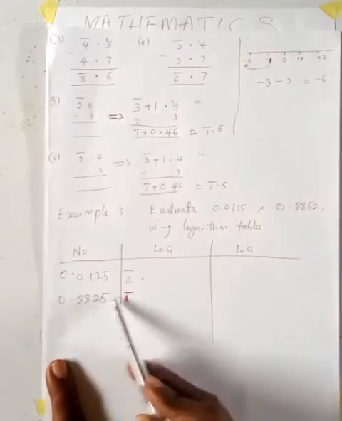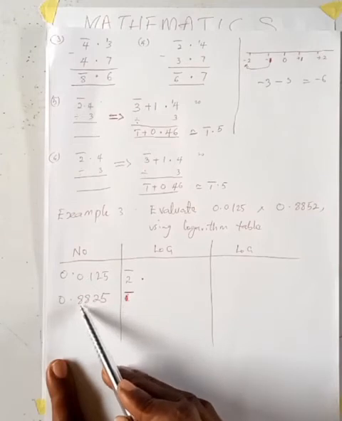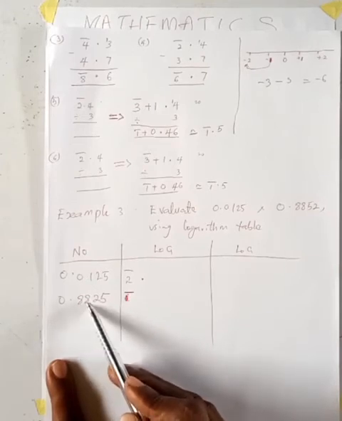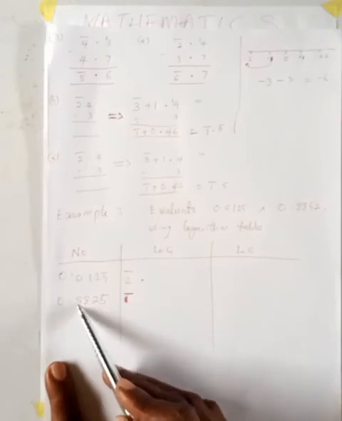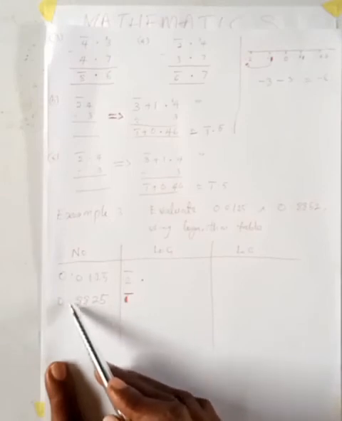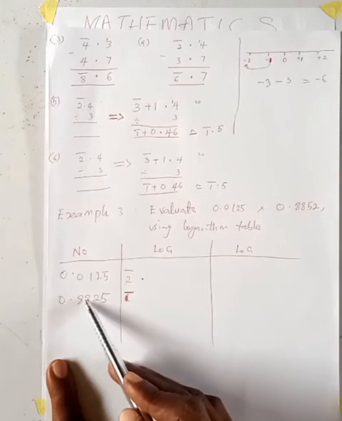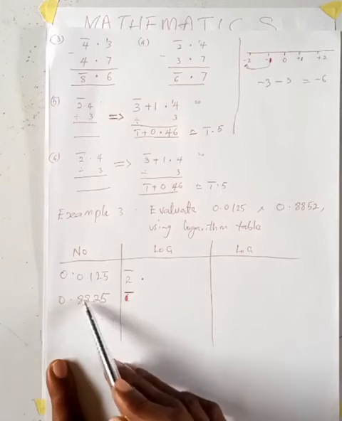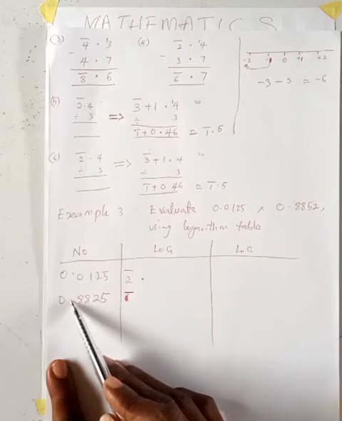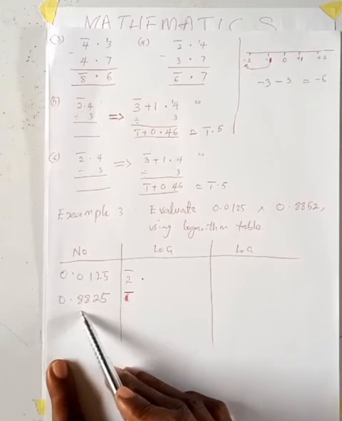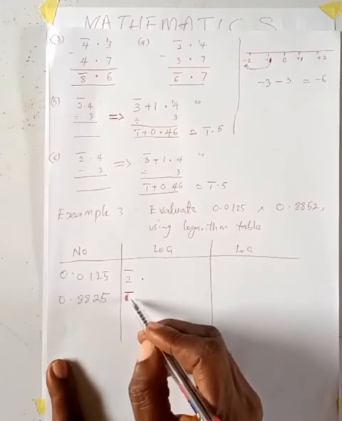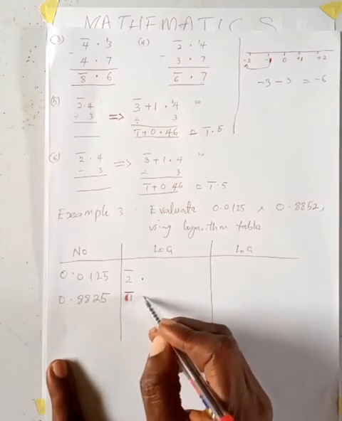So the first counting number here is 8, while the number following is the second digit. What we want now is the decimal point to be between the first digit and second digit. So in how many ways can I move this point from here to here? That can be done only in one way. So the characteristic here is going to be bar 1 point.